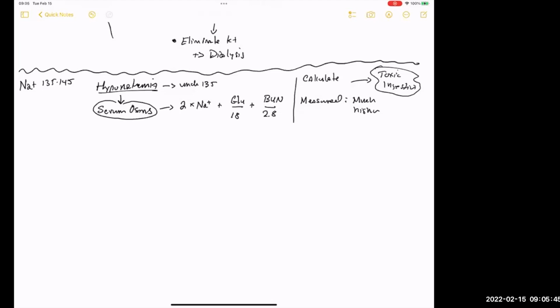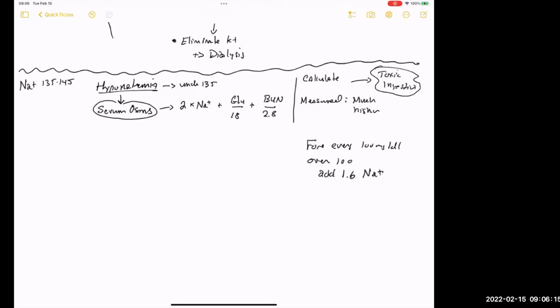And essentially what happens is, for every 100 milligrams per deciliter of glucose over 100, we need to add 1.6 milliequivalents to what the measured sodium is.